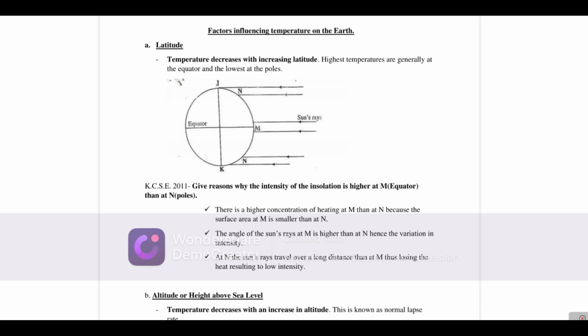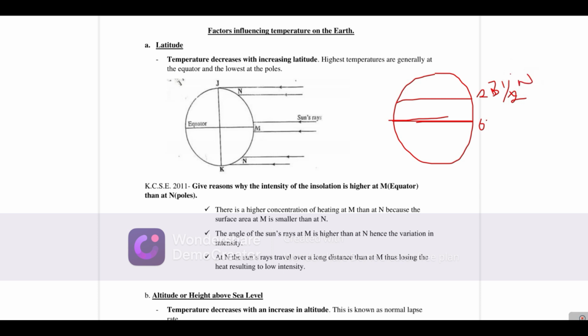So if this is the globe, then this is the major latitude, which is the equator, 0 degrees. Then we have this latitude, we call it the Tropic of Cancer. It is always 23 and a half degrees north.